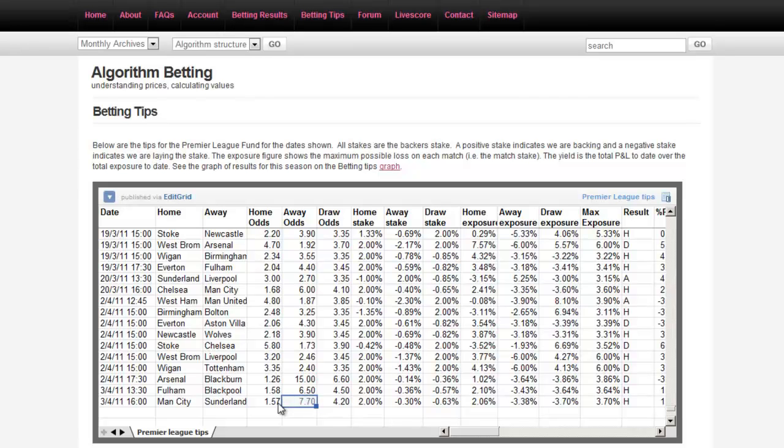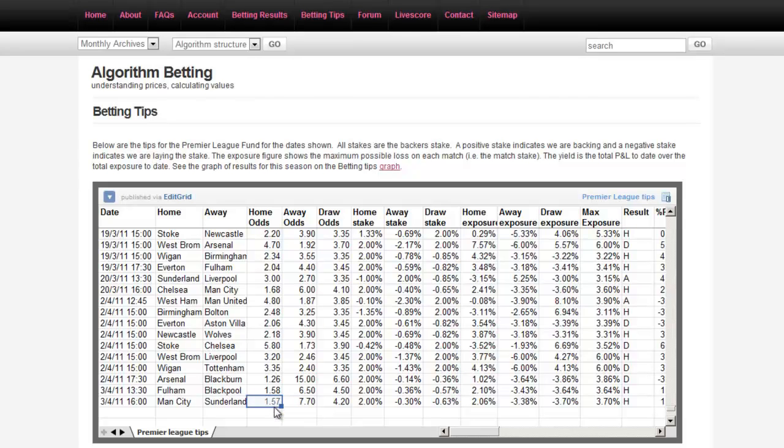And it's best for you if you can place your bets as soon as possible after we put the tips onto the site, because then there's less chance of the odds moving. The odds shouldn't really move too much anyway, but the quicker that you come to the site and place your bets, the better chance that the odds won't have moved.